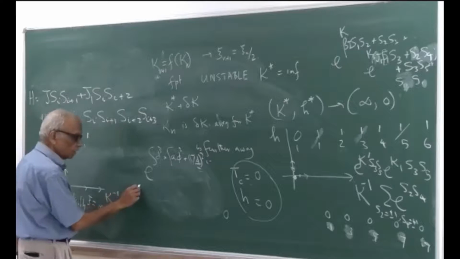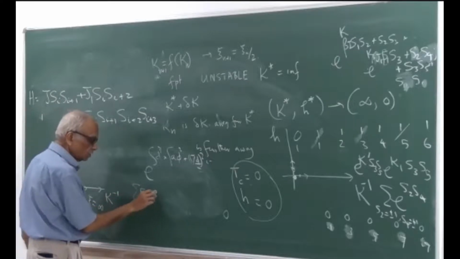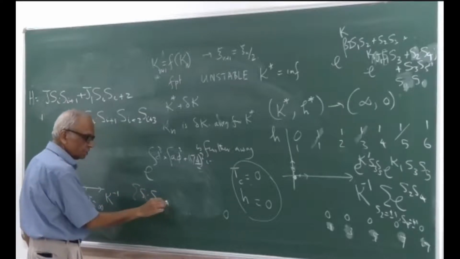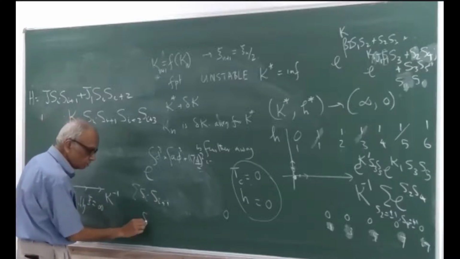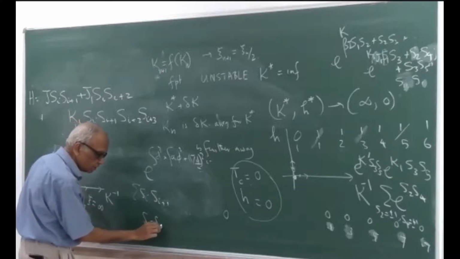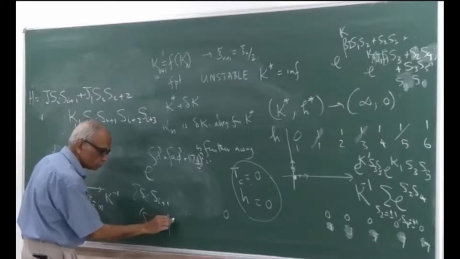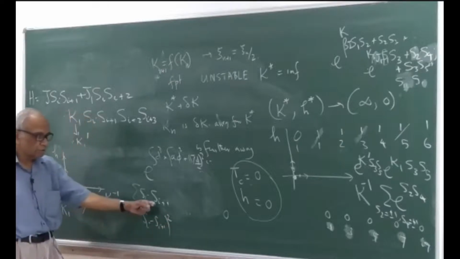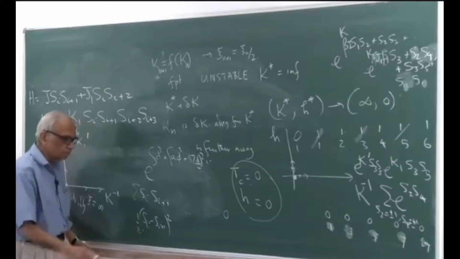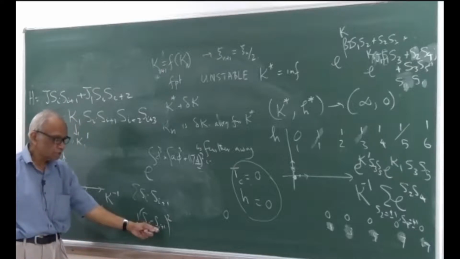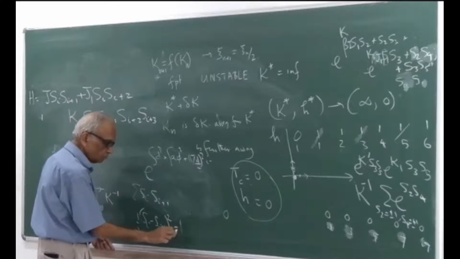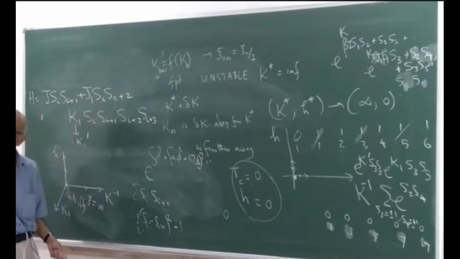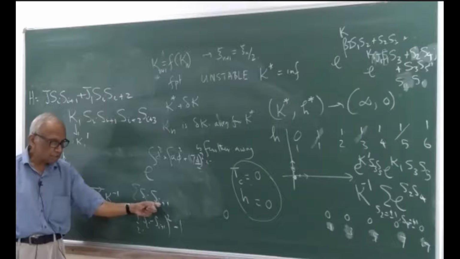And S_i times S_i plus 1 is like a gradient coupling, because this is S_i minus S_i plus 1 whole squared, right? I mean, this is half S_i squared minus half, minus 1, that is S_i plus 1.